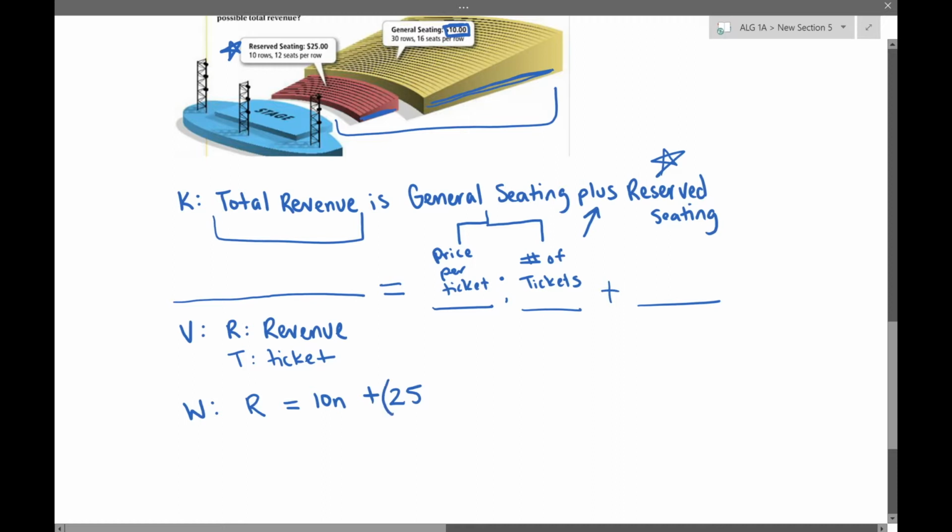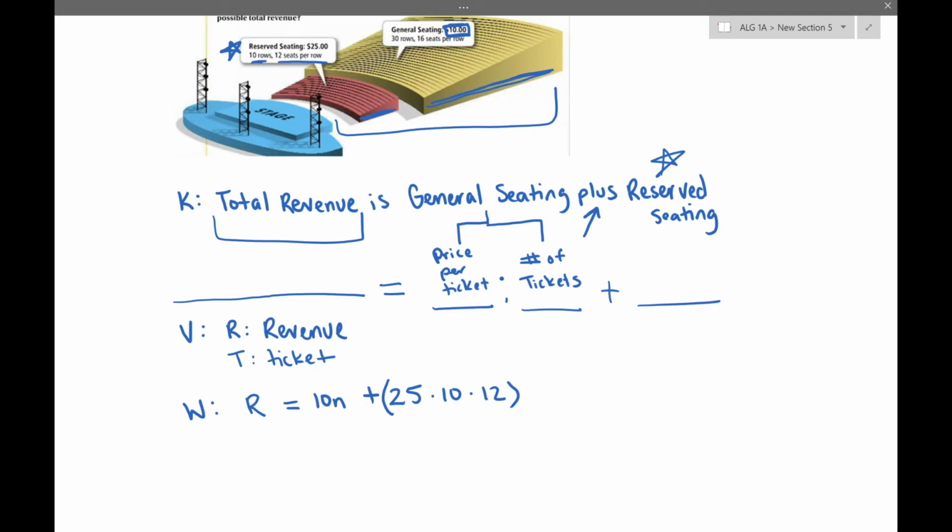And I need to multiply that by 10 and 12. Well, where did I get 10 and 12 from? 10 is the rows, 12 are the seats. So in each row, there are 12 seats, and there is a total of 10 rows.